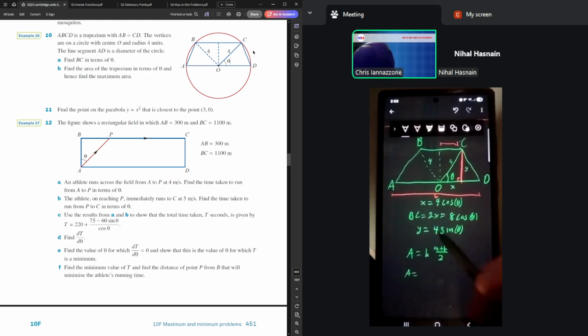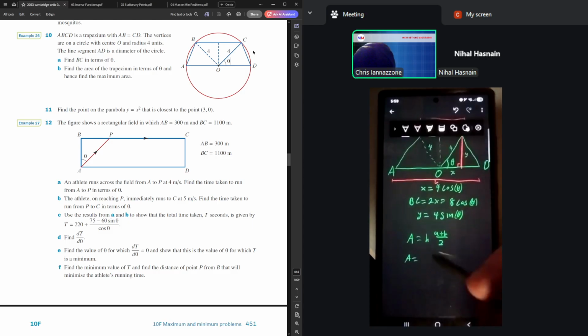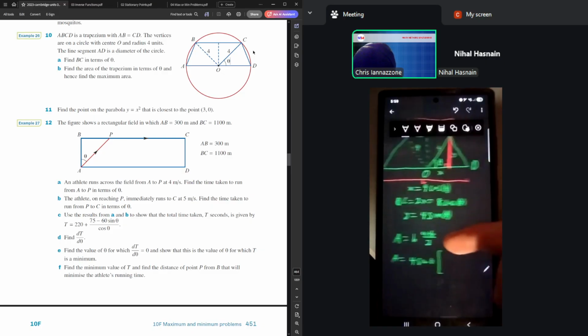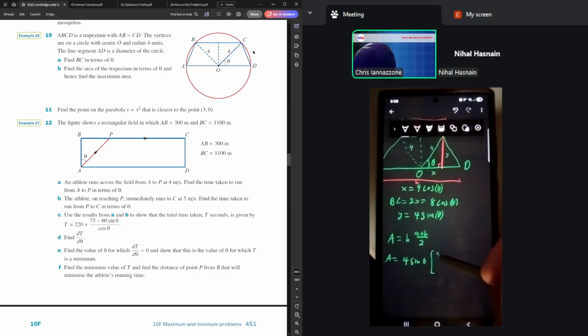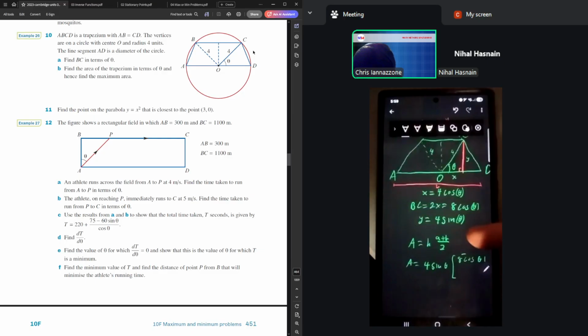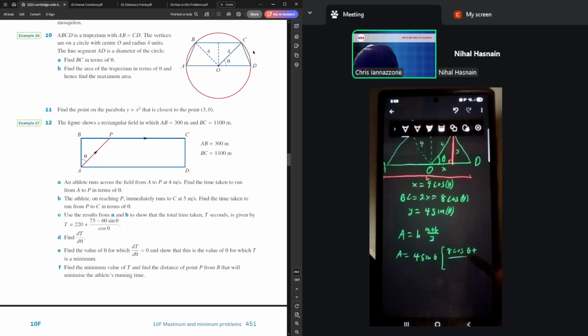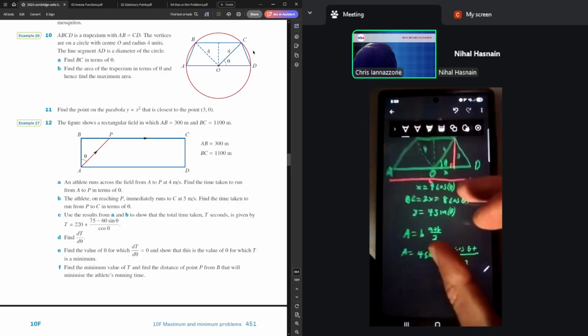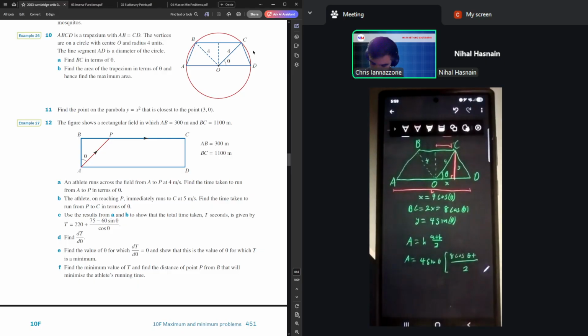So far, we've got our h, which is our y, so 4 sine theta goes there. We've got a, which was 8 cos theta. We have AD, which we haven't clarified yet. That's the last thing to figure out, what's AD.